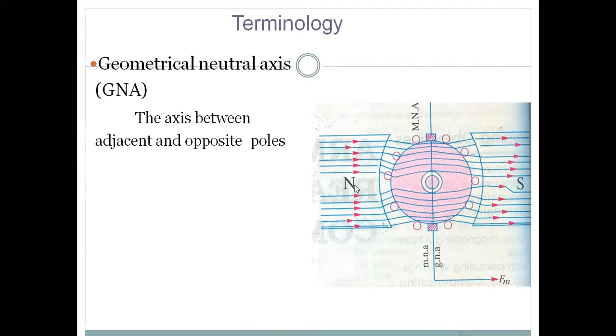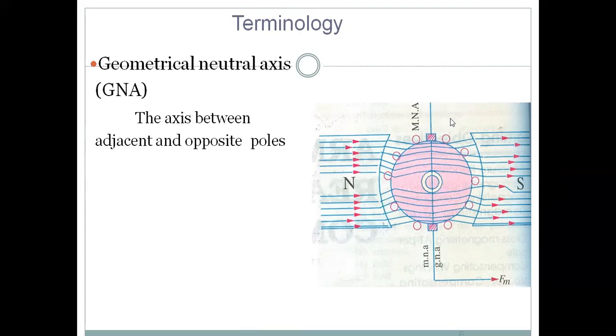It is an axis between adjacent poles. Suppose this and this are adjacent poles, then the axis between these poles is the axis. When there are two poles, this is the axis.